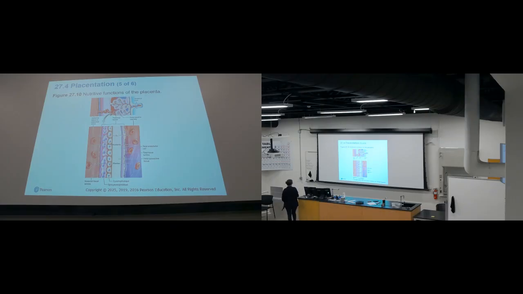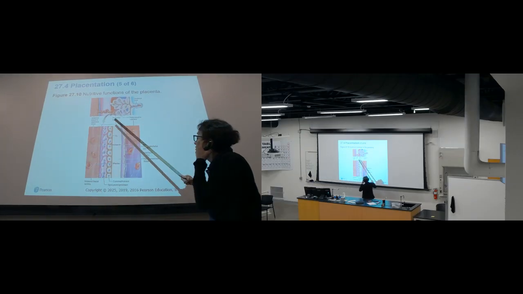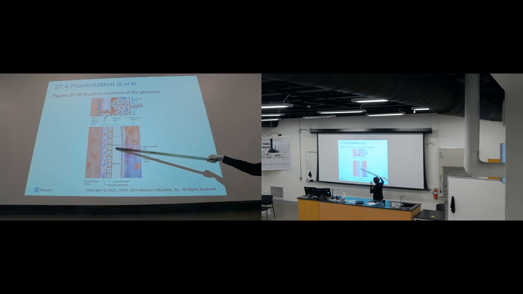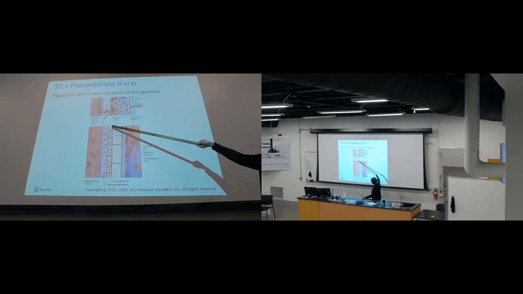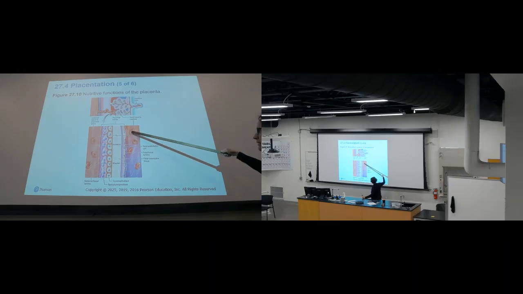So if you magnify one of these regions within this area of the placenta, you will see that there is the placental barrier. This is the maternal basal lamina, and then in here you have cells. This is the blood vessels of the mom.